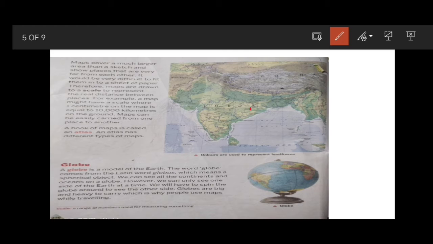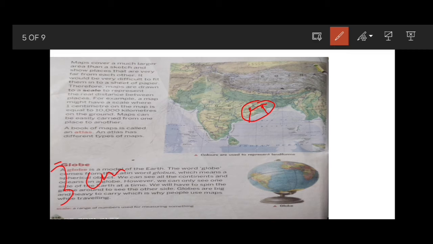Suppose from this point to this point on a map it is 3 centimeters. How will we find out? We will take a scale and measure it. After measuring, we got 3 centimeters. I'm just giving an example.